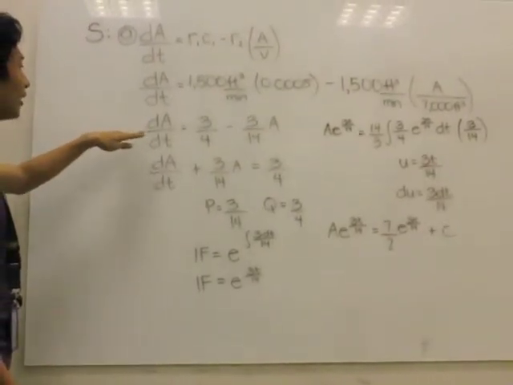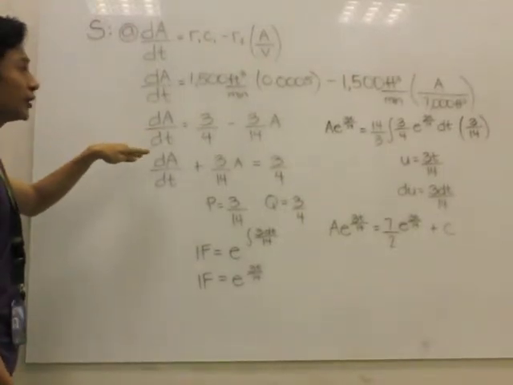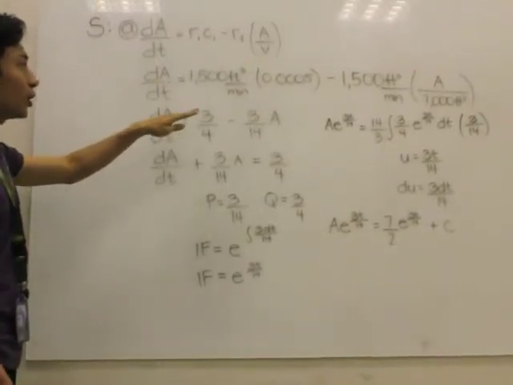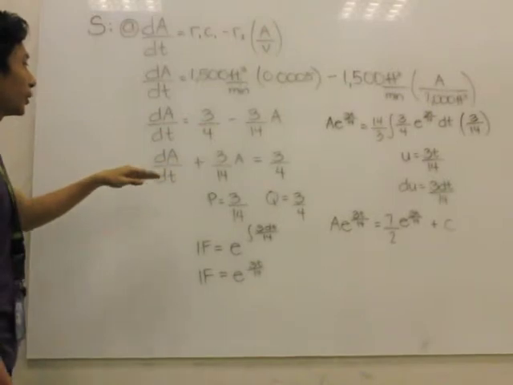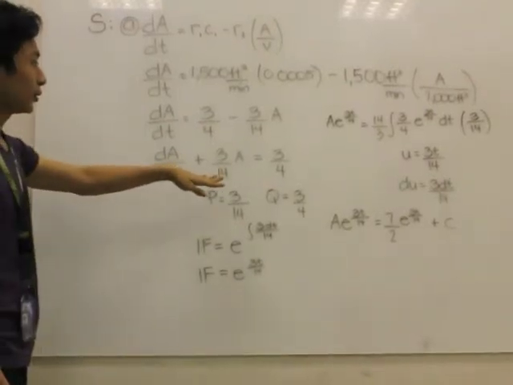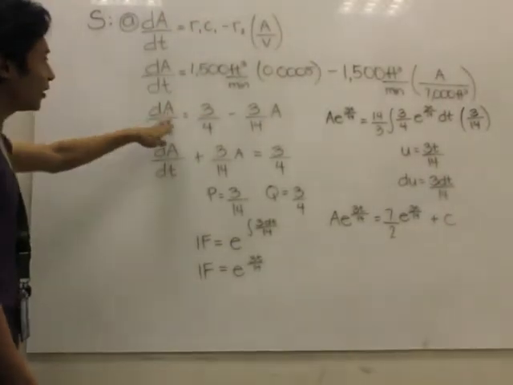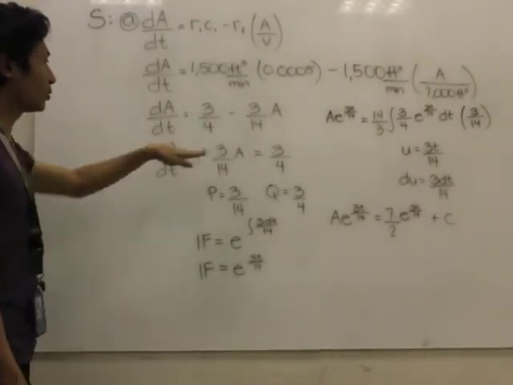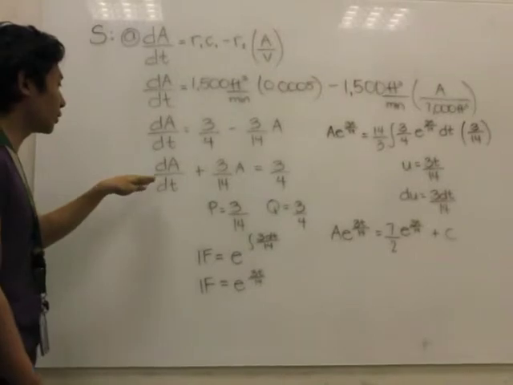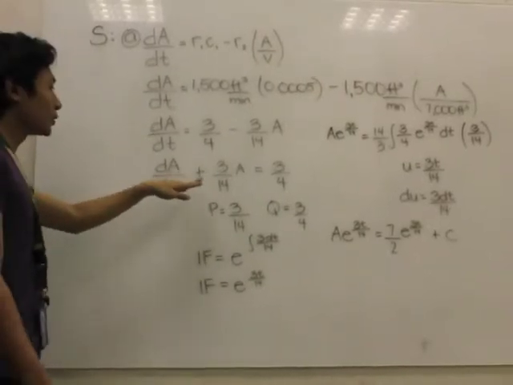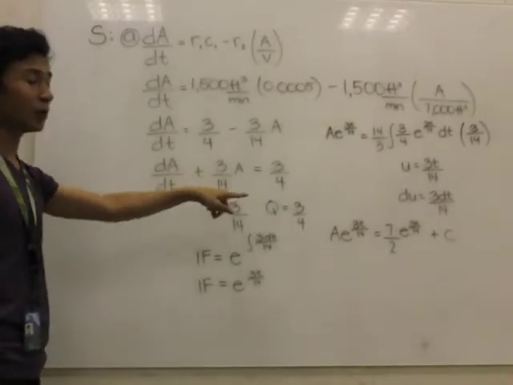Simplifying the equation, we'll have dA over dt equals 3 over 4 minus 3 over 14 A, and then we transpose it to the other side, and then we'll have dA over dt plus 3 over 14 times A equals 3 over 4.